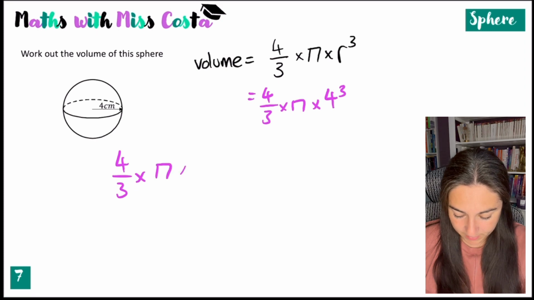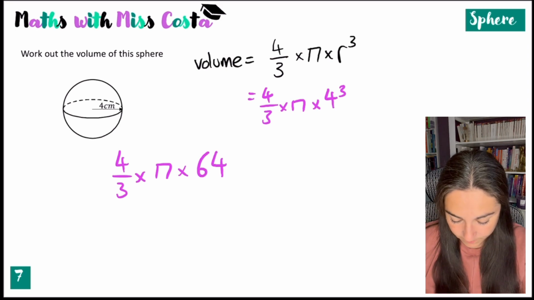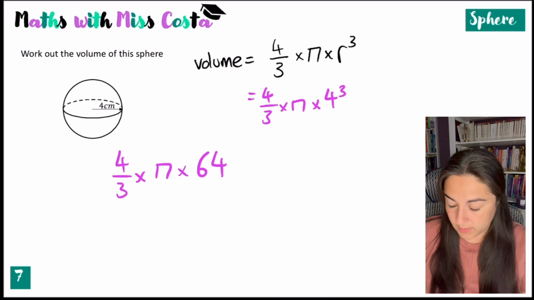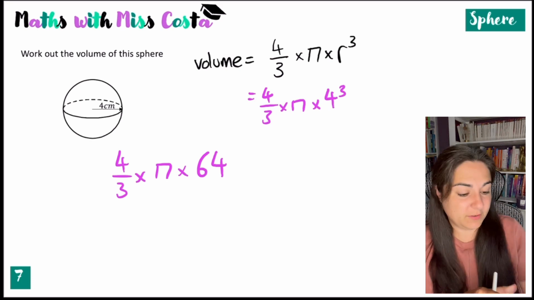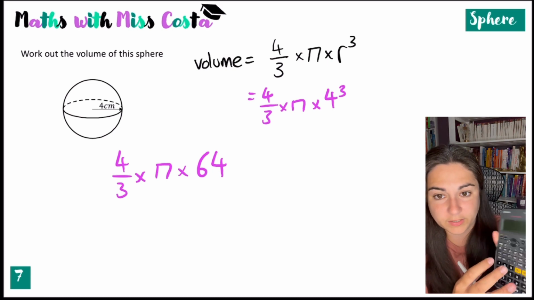Let's just do it bit by bit. 4/3 times pi times 4 cubed. What's 4 cubed? 4 times 4 is 16, times 4 again is 64. Depending on your calculator skills, when you've got something like this, you can just write it all together. You've got your fraction button.